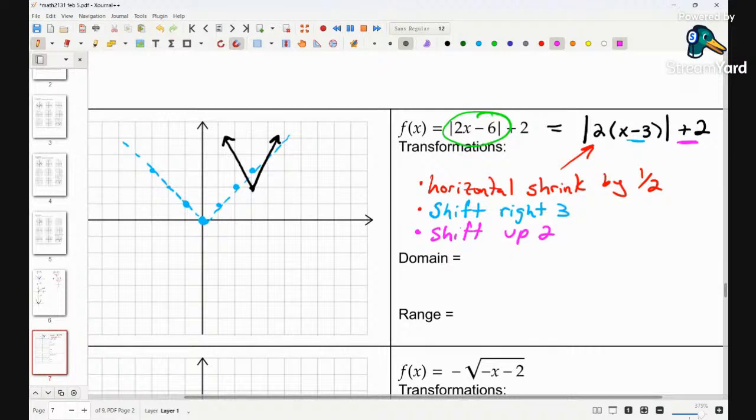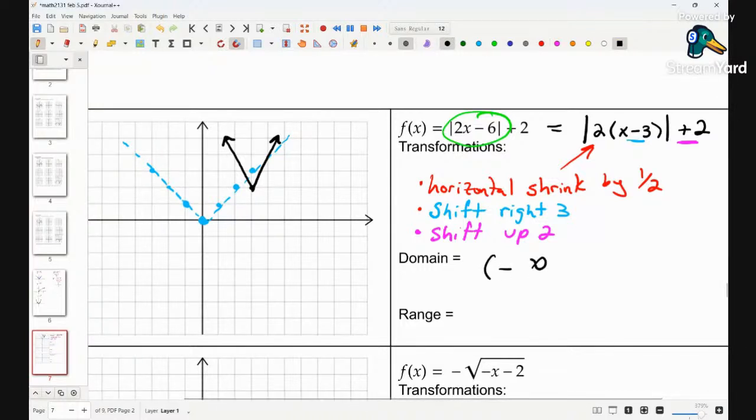Execute it, name it, and now tying in something from a few sections ago. Domain and range from a graph. It's going forever. The arrows mean, if I think about moving to the left, it's forever moving left. It's forever moving right. That means my domain is forever in both directions, all real numbers.